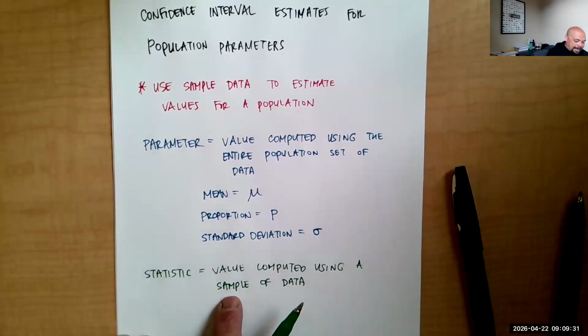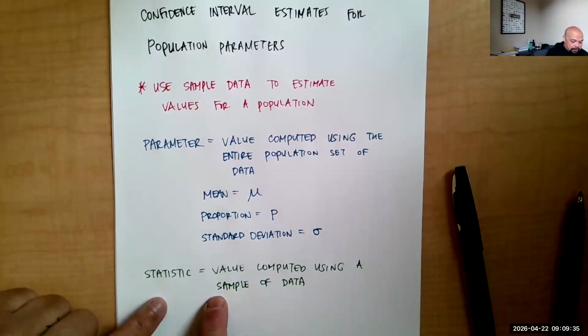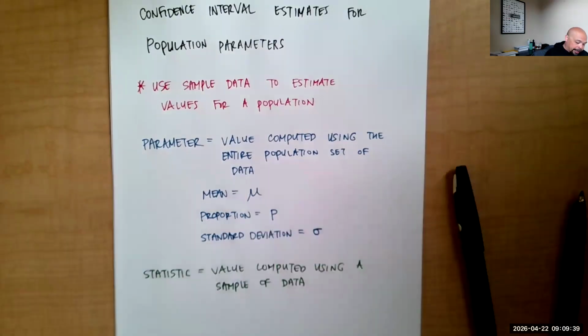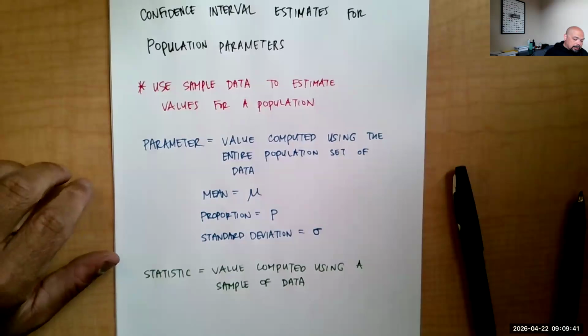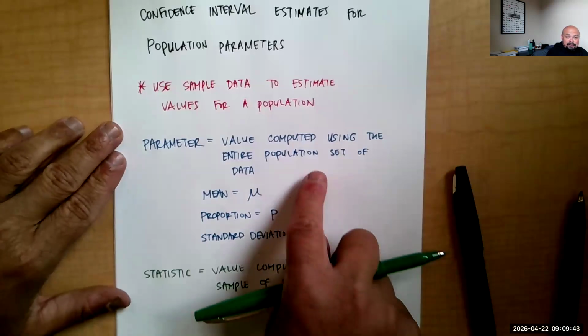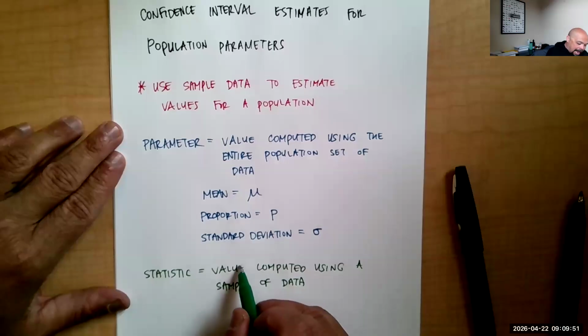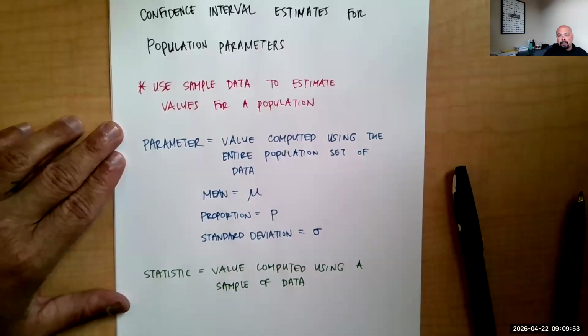The important aspect: sample and statistic both start with S. For population, we get a parameter. Definitely it's going to be much more difficult to get the full population set of data, so we start with some sample, taking a sample of 50 students and using their data to figure out their average number of hours they work per week, or the average they spend on groceries, or whatever it might be.